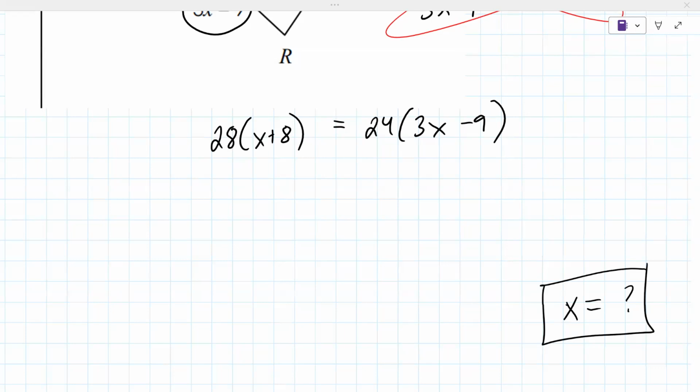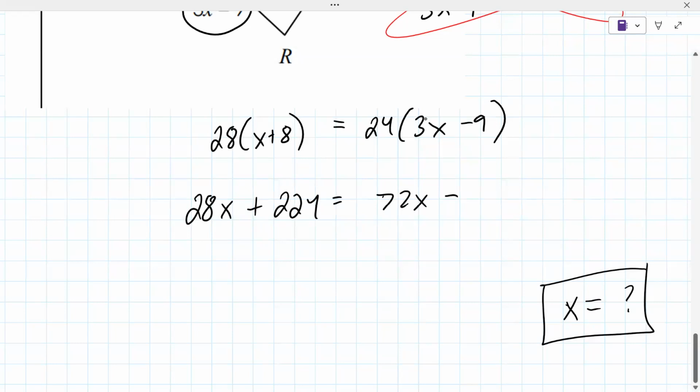So tell me what you got for this first part over here on the left. I got 28x plus 224. Okay, I agree with that. And then how about on the right here? 24 times 3x is 72x.